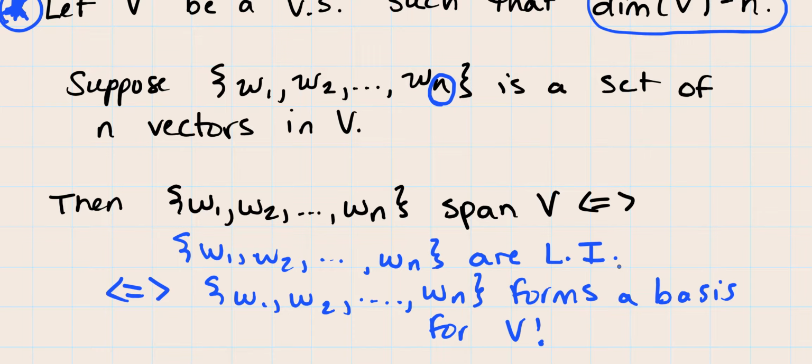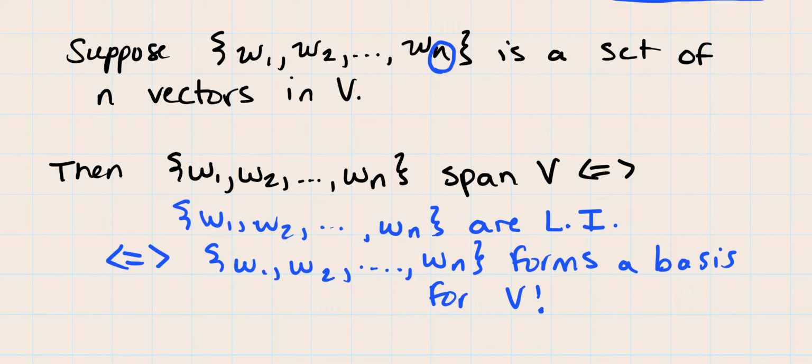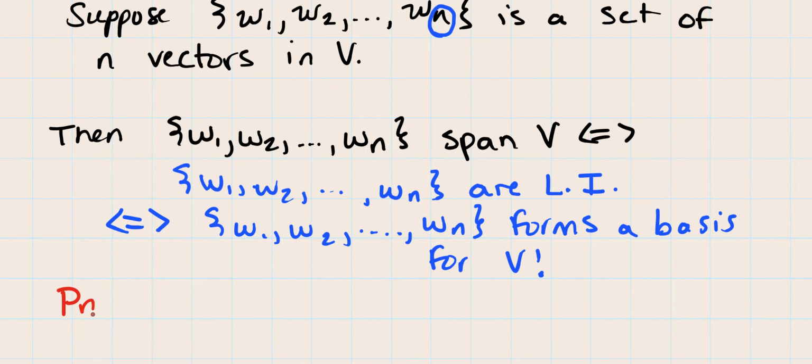If they're linearly independent, then you know they span, and then you know they form a basis. The proof of this is in the book. If you're interested in it, we're just going to use this fact.